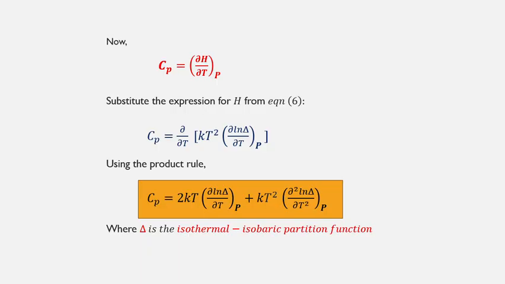So this is the expression for the heat capacity at constant pressure in terms of partition function.